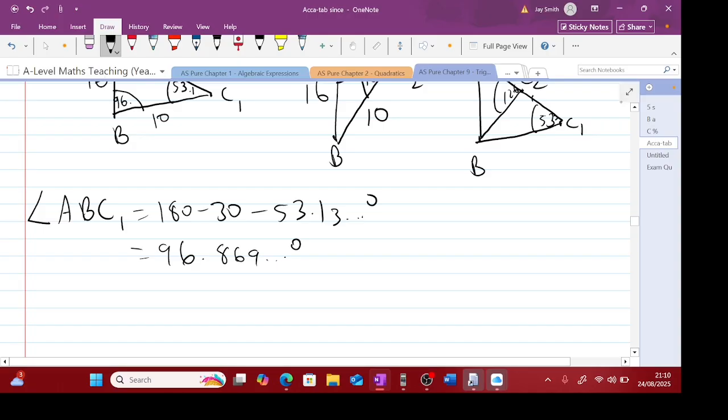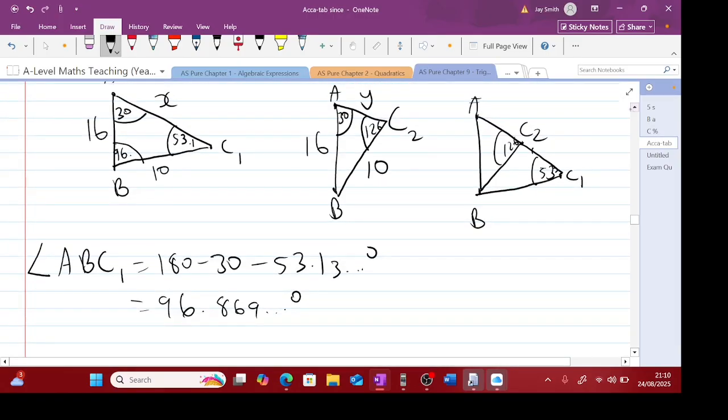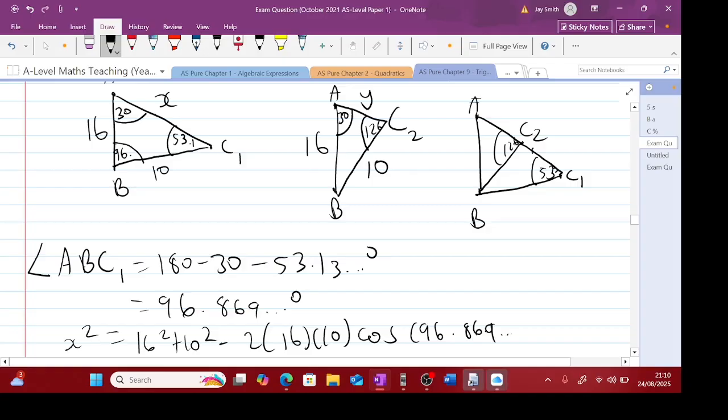So therefore, if we use the cosine rule to work out the x here, then it's going to be x squared. It's going to be the other sides, all squared, so 16 squared and 10 squared. Take away two lots of 16, 10, cosine of my angle, this 96.869.